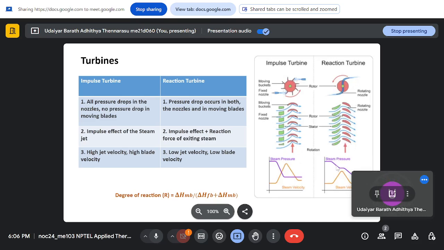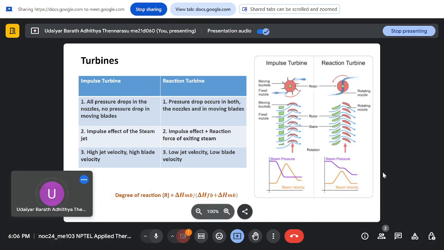In the fixed blade the pressure drops and there is a velocity gain, as shown in the diagram below. Then again in the moving blade there is a pressure drop, and there is also a velocity change, both of which are converted into the movement of the turbine to generate work.